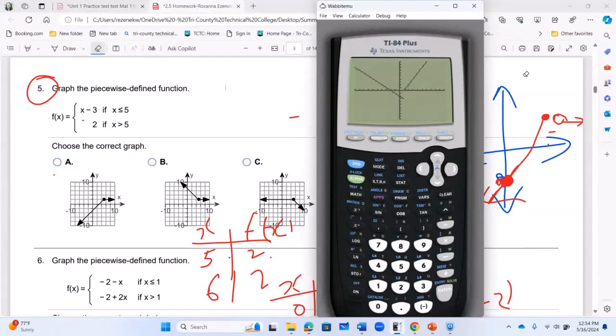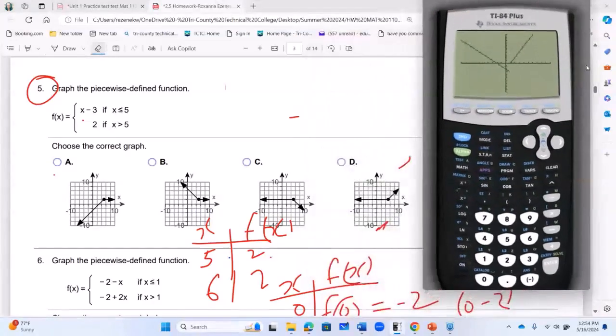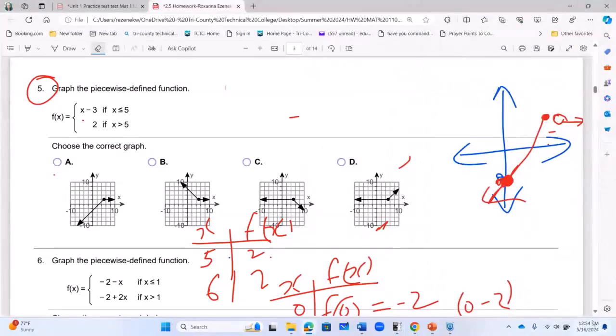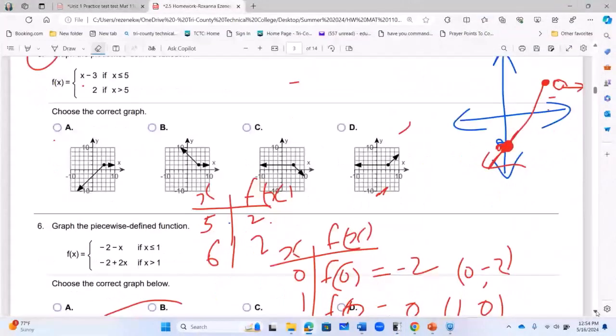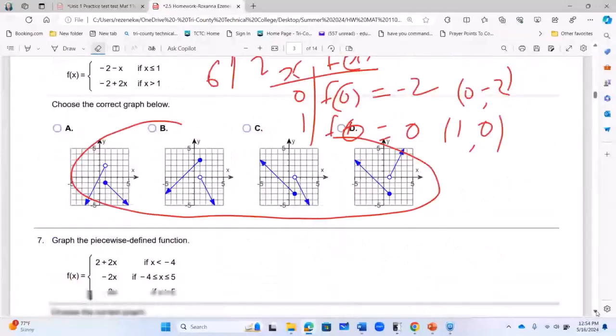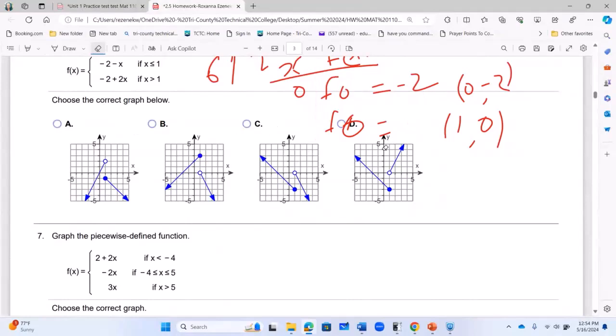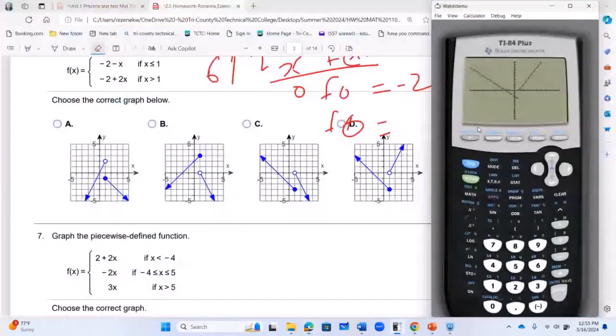And if we're lucky to have graphs given to us, we will choose the one that looks like our graph. So let me pull up my calculator again and choose which one is like my graph. This is what I'm saying. I am going to get my calculator back again. The graph I drew has one hole in it.